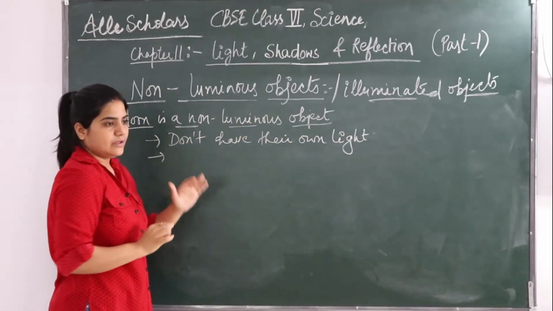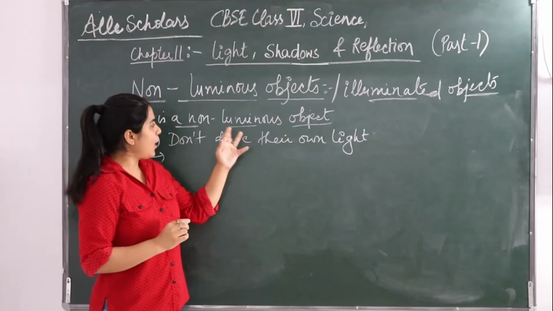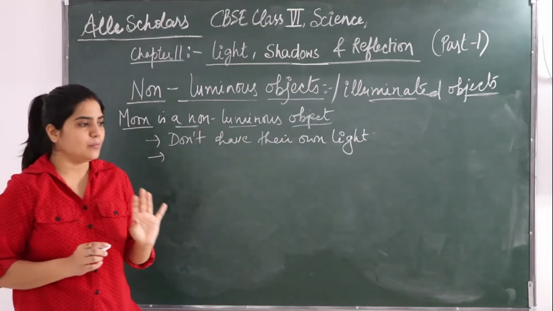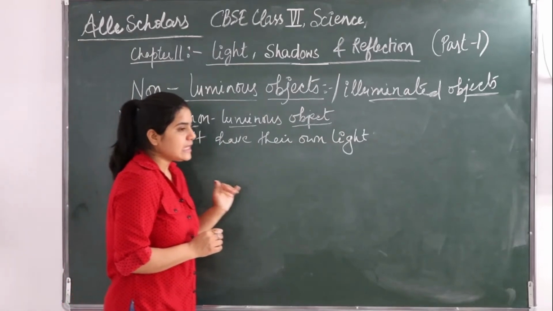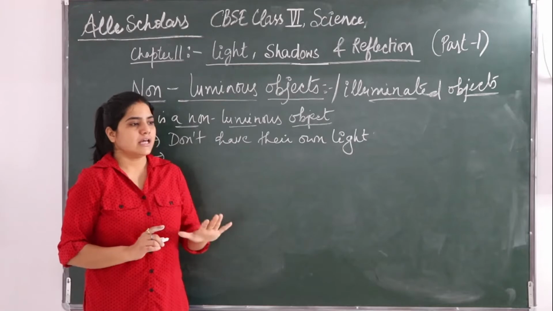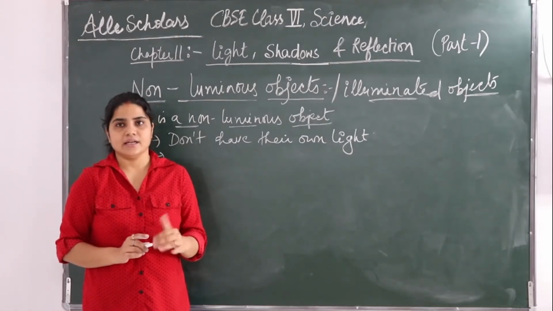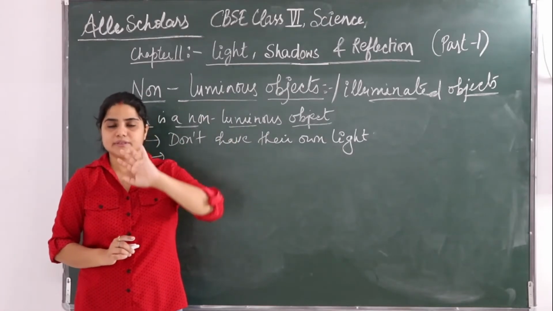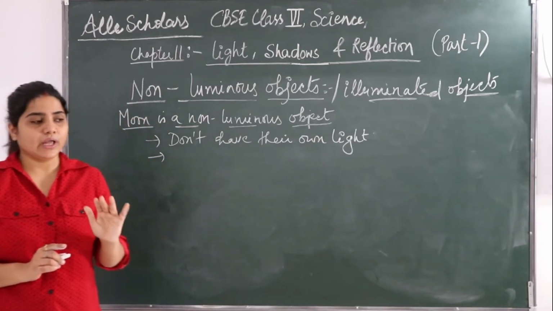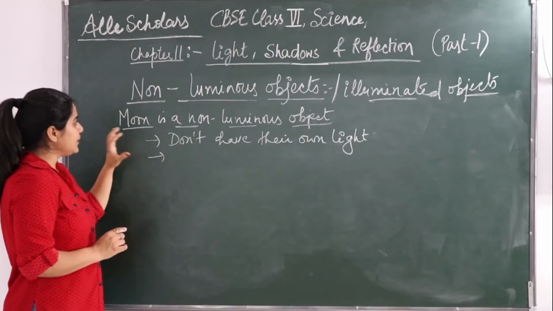So if they do not have their own light, how are we able to see the moon? What is the light that we see in the moon? We see the moon because it reflects sunlight into our eyes. It is the sun that is present through all the times.